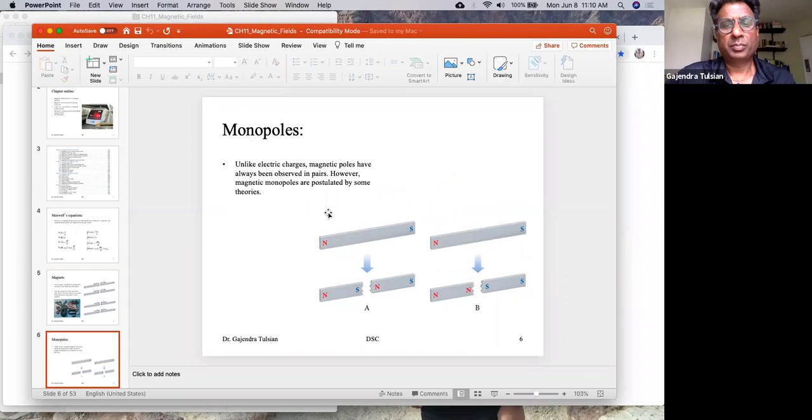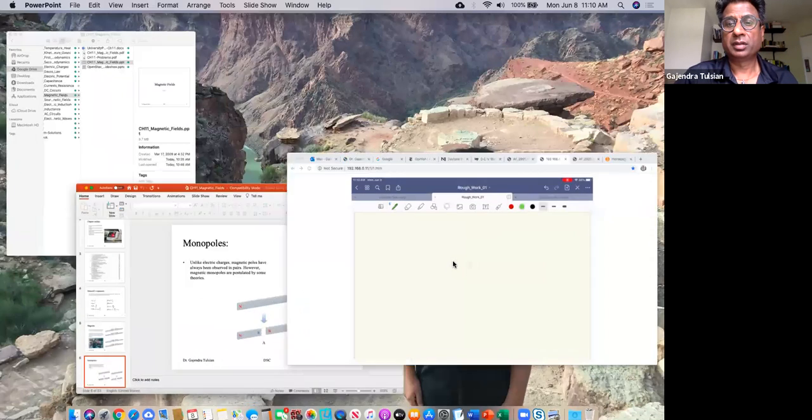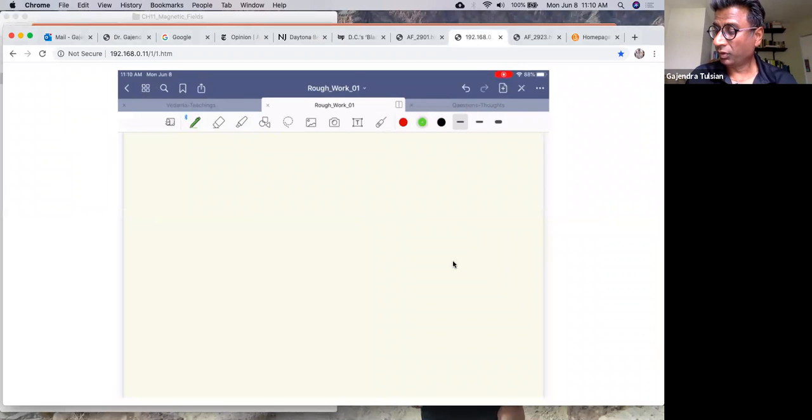Now, monopoles. For electric charges, you can go to a store and buy just a positive charge or just a negative charge. But you can't go to a store and just buy a north pole.